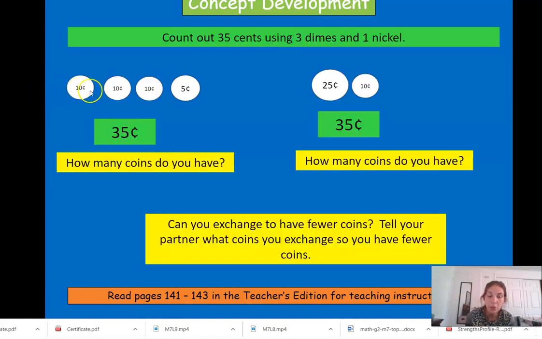We can use 2 dimes and a nickel to equal the quarter. 10, 20, 5. Oops. 2 dimes and a nickel equal a quarter.